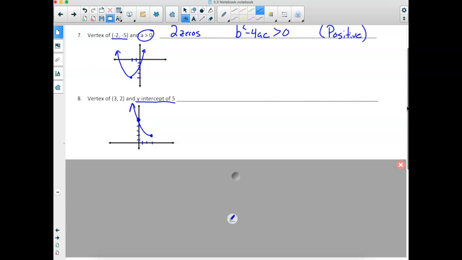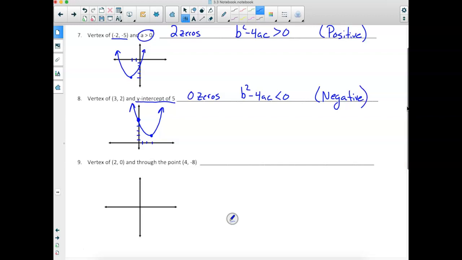It has to be going up like this, which means I have 0 zeros, which means b squared minus 4ac, the discriminant, is less than 0 or negative.